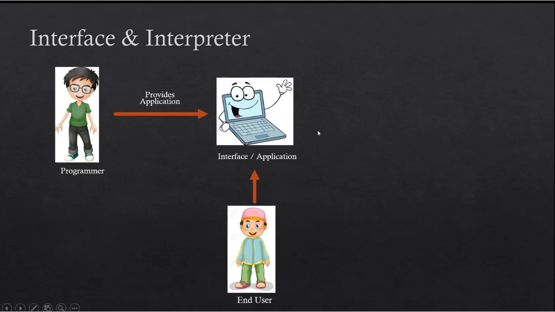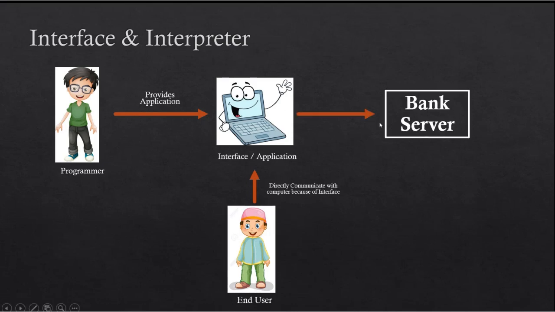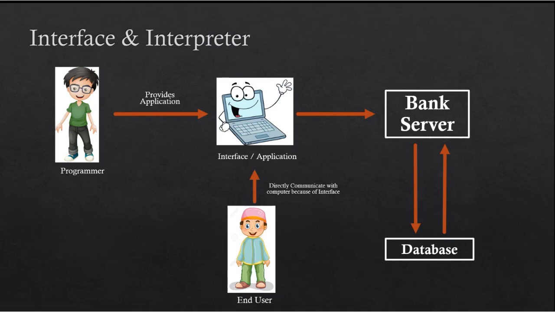So this means interface. Now, what is happening? The end user wants to take 5,000 rupees from the bank. So he gives his PIN code and bank account number. At the back end, the bank server checks the database and checks whether this account number is available in the bank or not.